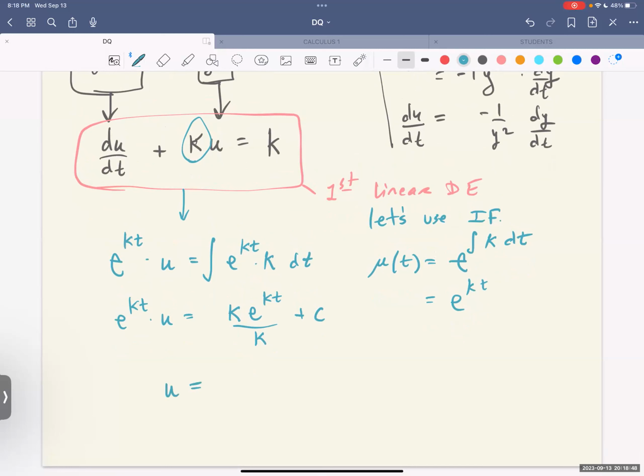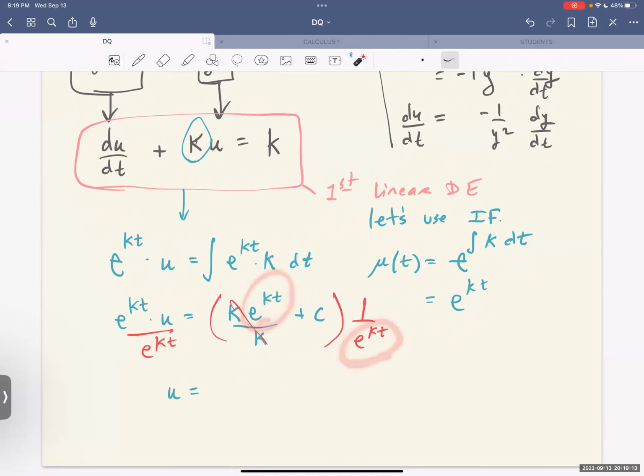Now if we divide both sides by e to the kt, then the left side becomes a u, the right side is e to the kt over e to the kt, that's a 1.